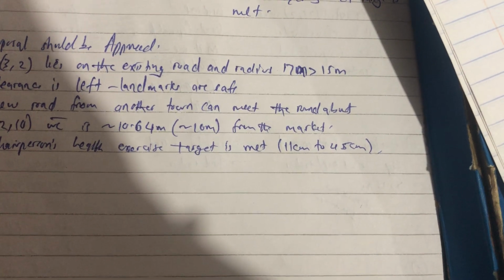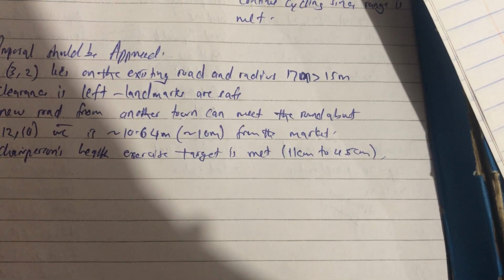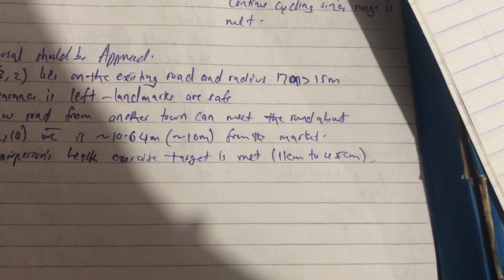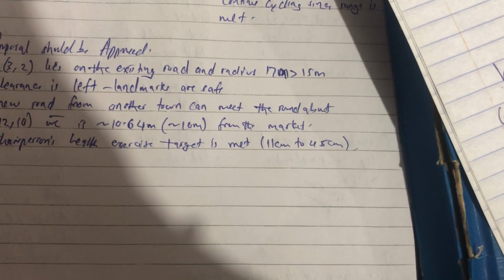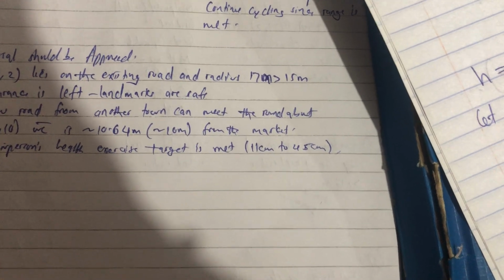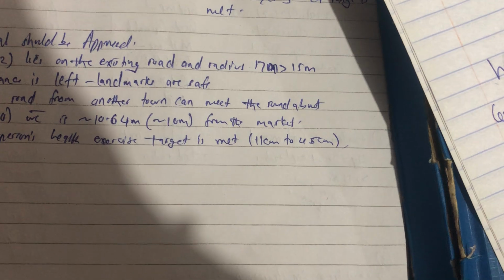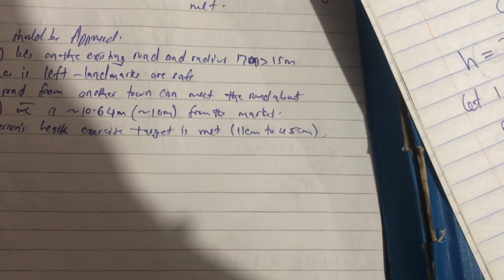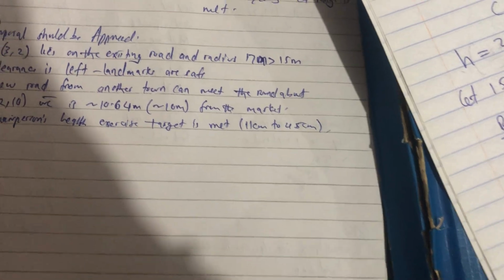The new road from another town can meet the roundabout at approximately 10.6564, or 10 meters from the market. The chairperson's health exercise target is met, which was obvious, 11 centimeters to 45 centimeters.